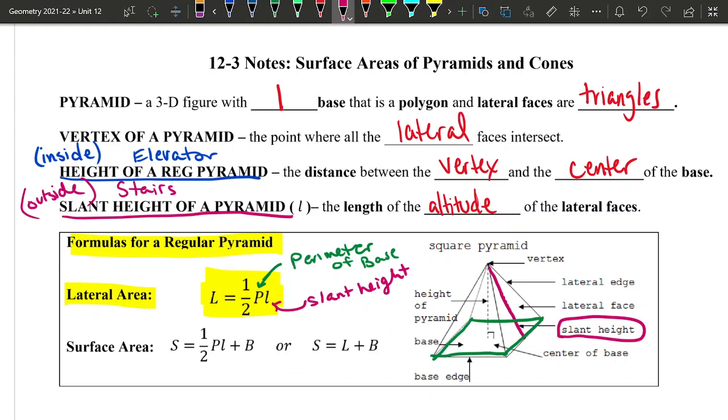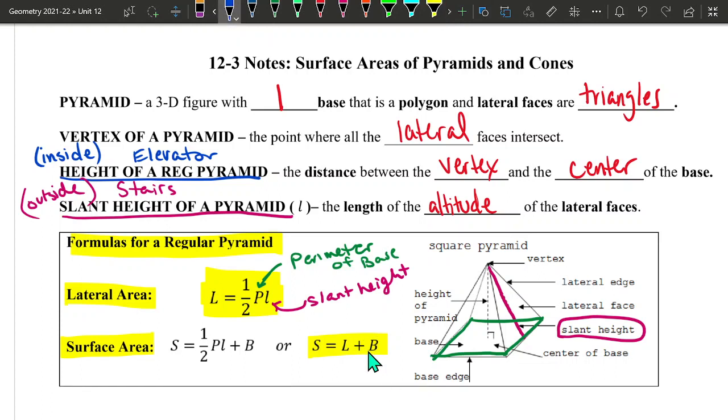So once you find the lateral area, you can use that to calculate the total surface area. Because see the half P, half the perimeter times slant height, that's the first part. And then you add the area of the base. What formula you use for the area of the base changes depending on what your shape is.